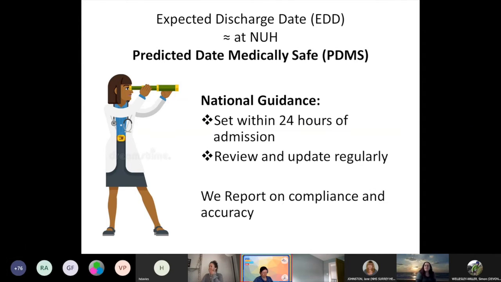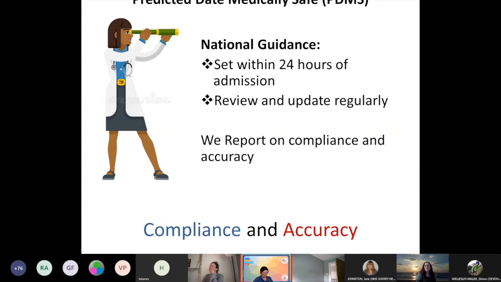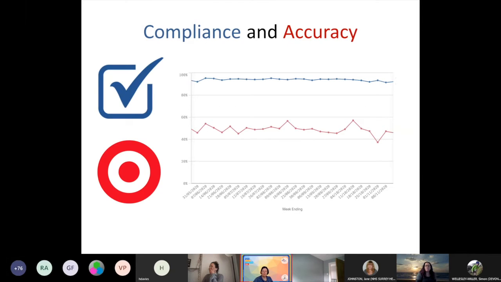National guidance as it stands at the moment is that you set the expected date, or you predict the date, within 24 hours of admission, and then you review it and update it regularly. Trusts report on compliance and accuracy of this prediction. So here is our data. I picked a slice of the data.